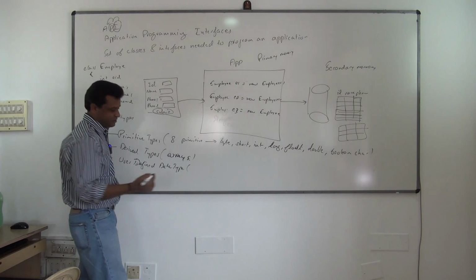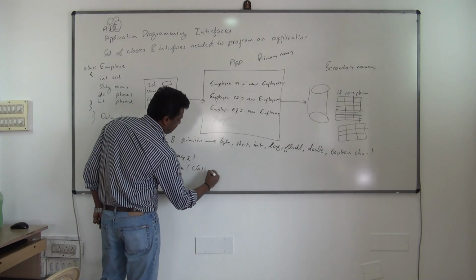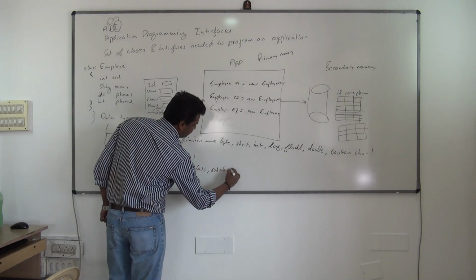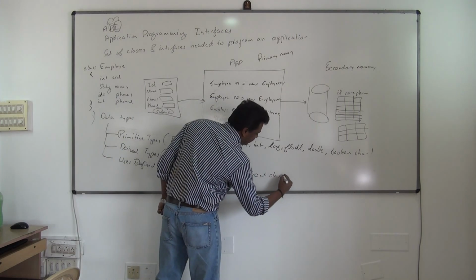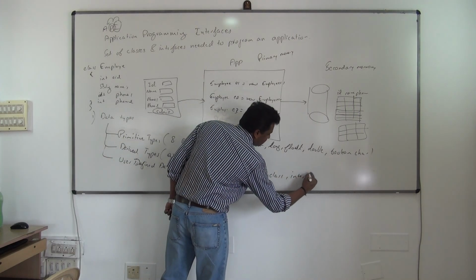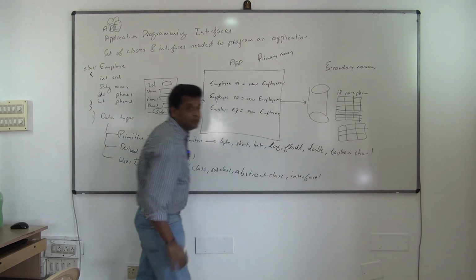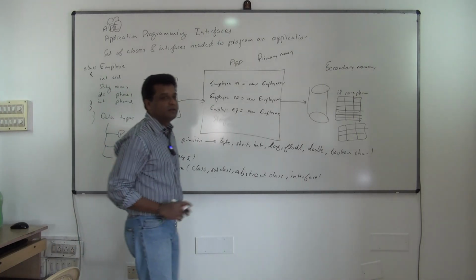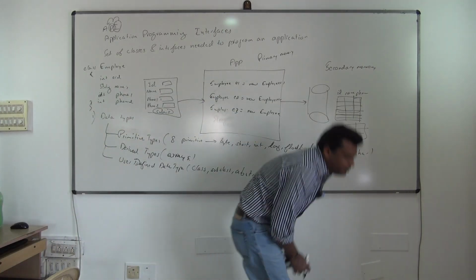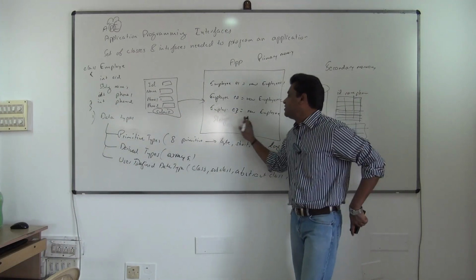Java is very powerful in this. You got class, subclass, abstract class, and interface. You got this much support, but still we need support for some structures here. So why do you need that? That is what we are discussing.